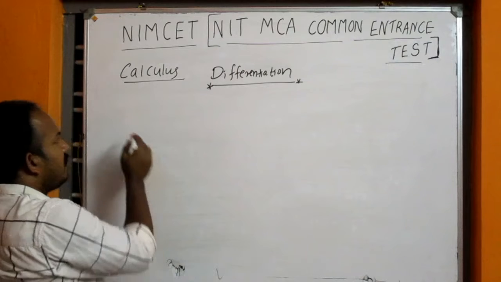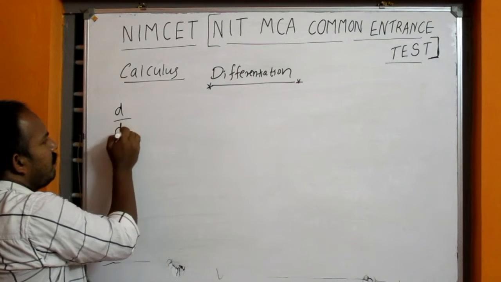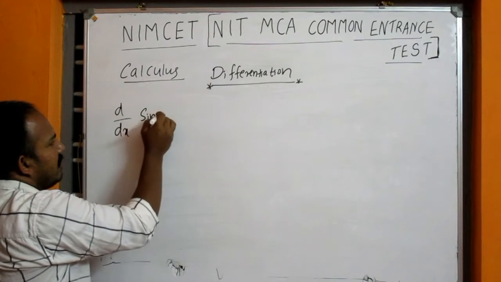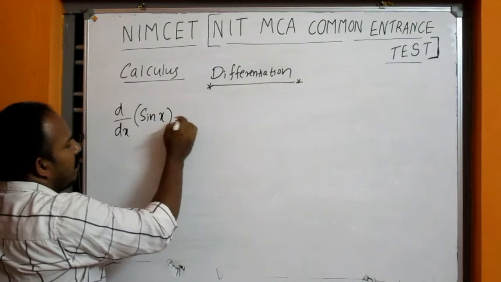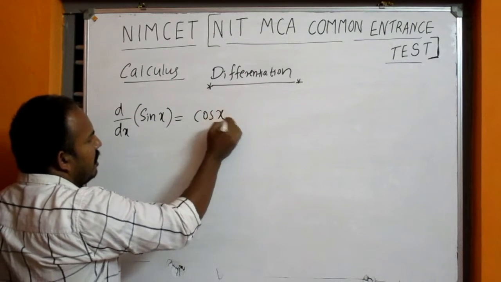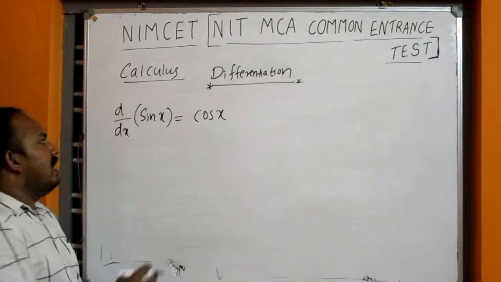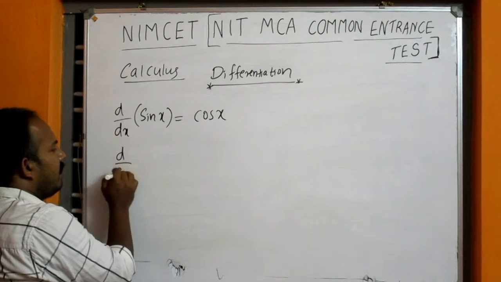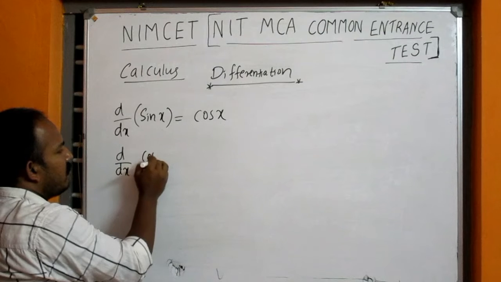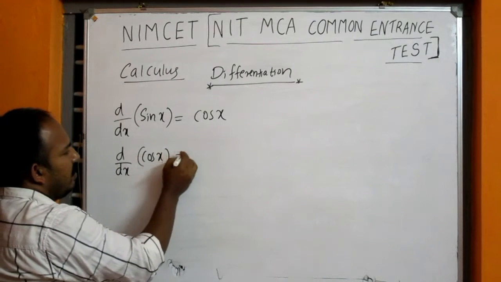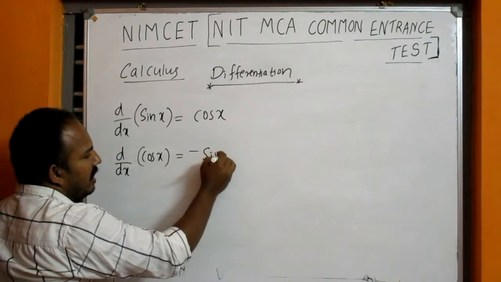Clear? So first study d by dx of sin x equal to cos x. The derivative of sin x is cos x. The derivative of cos x equal to minus sin x.